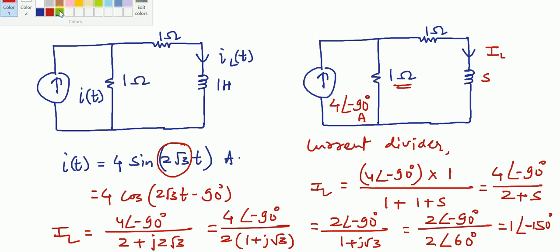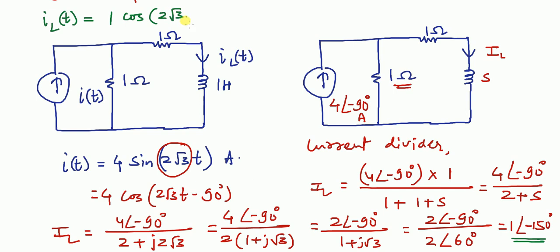And see, this current is in phasor form. In time domain, this current will be 1 cos(2 root 3 t minus 150 degree), or this can also be written as sin(2 root 3 t minus 60 degree).